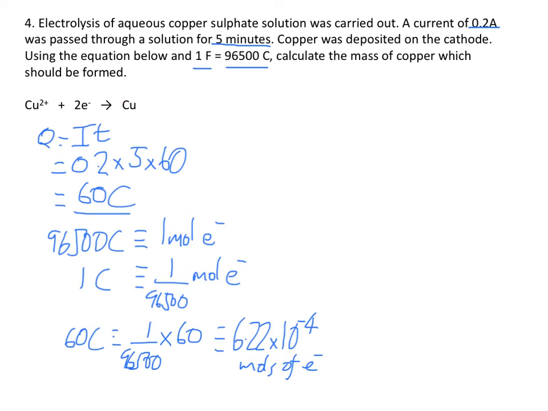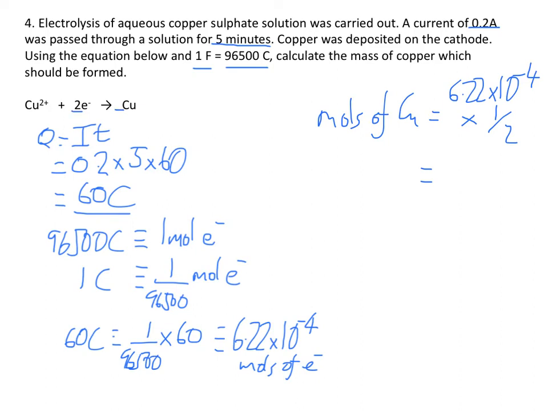So that tells us that our moles of copper is 6.22 times 10 to the minus 4 times by a half, because you have produced half the moles of copper that you did of the electrons. So that comes out as 3.11 times 10 to the minus 4.